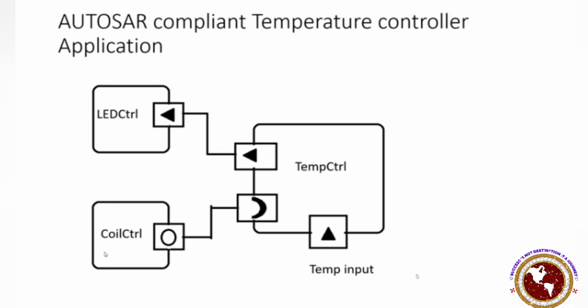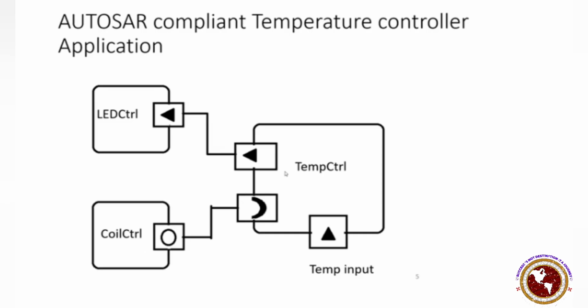And then we have another software component, that is Keil control. This also has one port. This icon indicates that this is a client server interface. Here a function call is made from this software component to this software component. The calling function will be here, and that function will be defined here.